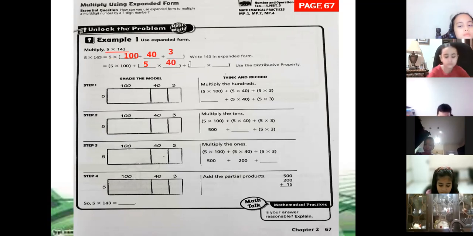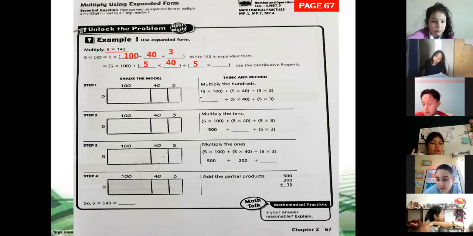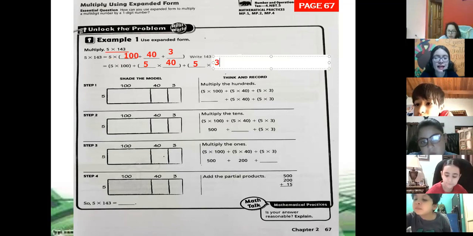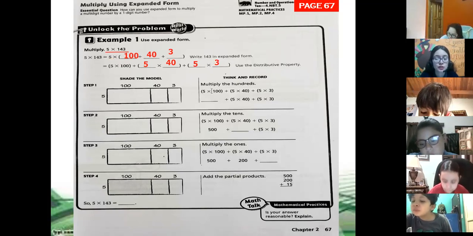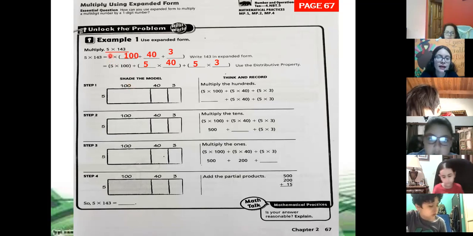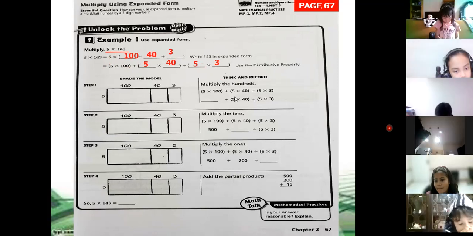And we multiply then which number? 5 times, which number is missing? 3. Excellent. 5 times 3. Using the distributive property, we multiply the factor 5 times 100, 5 times 40, and 5 times 3 to get the answer.